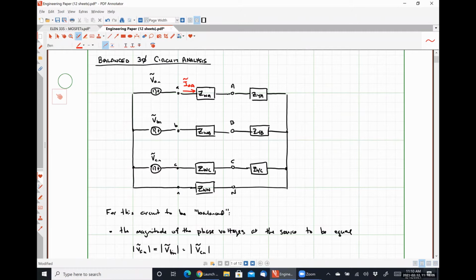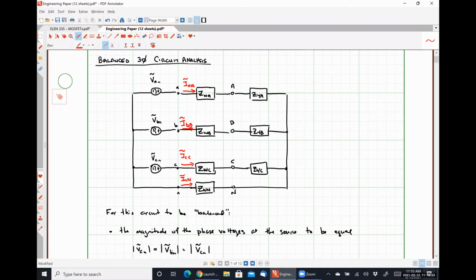So I'm going to call this IAA. I'm going to call this IBB. I'm going to call this ICC. And I'm also going to include INN here because we're going to be doing Kirchhoff's current law momentarily, and we're going to have to take that into account.